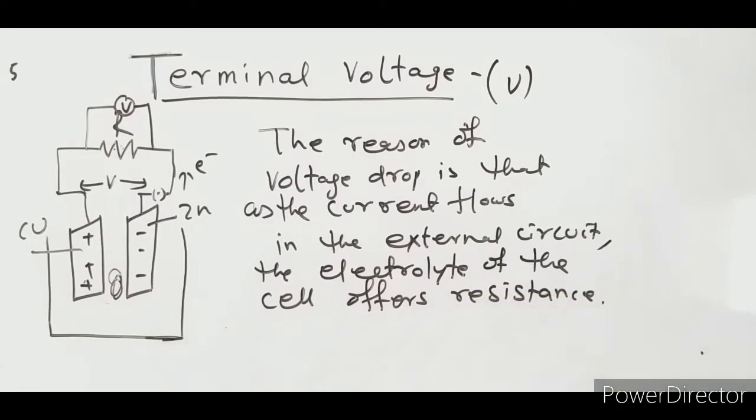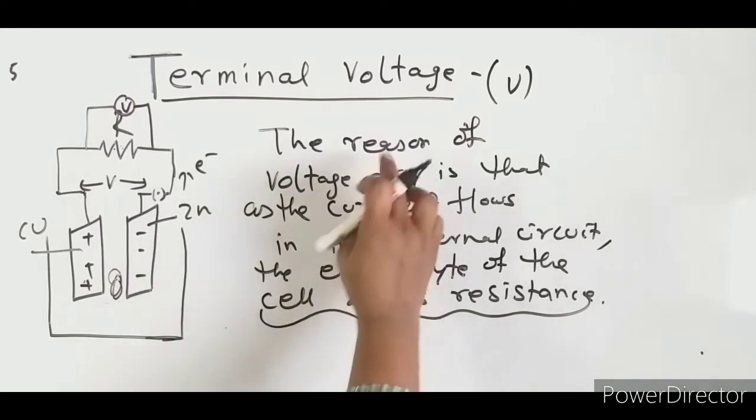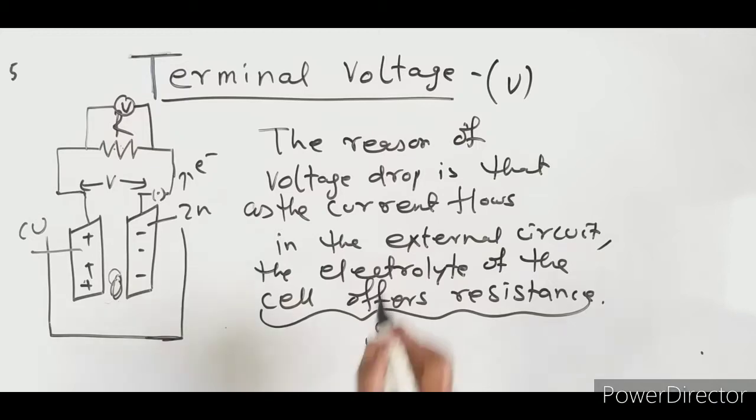Due to that only, the electrolyte of the cell offers this resistance. This is the reason for this voltage drop.